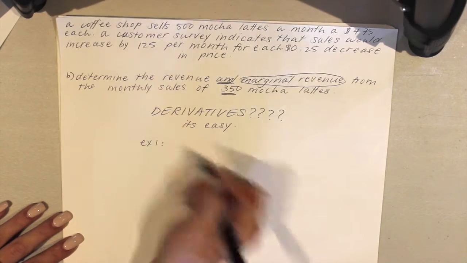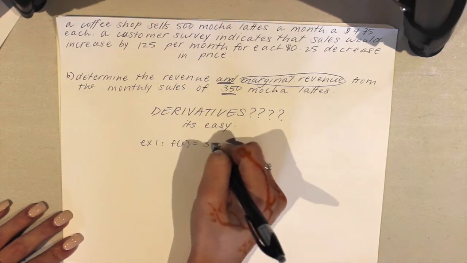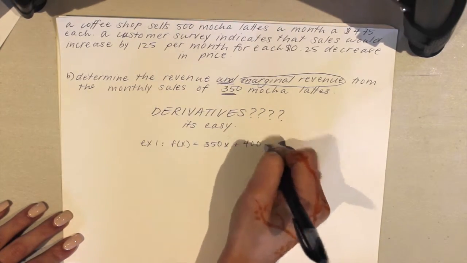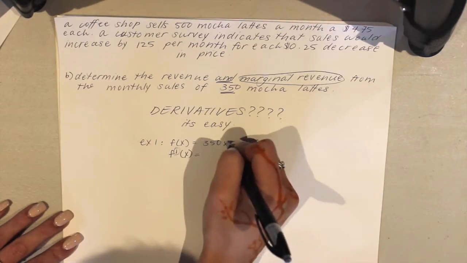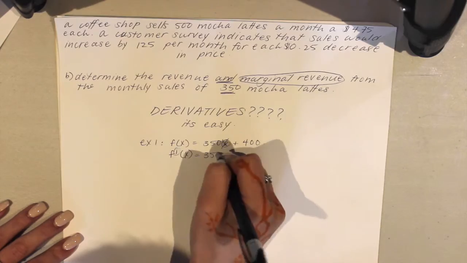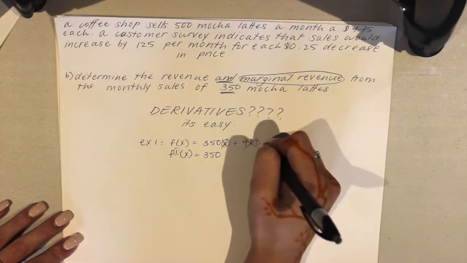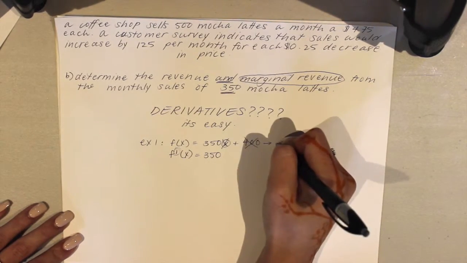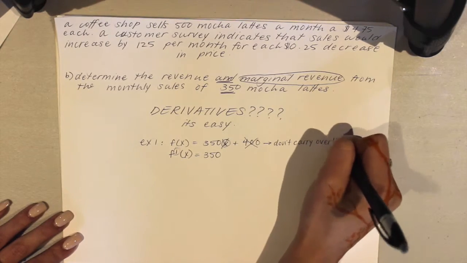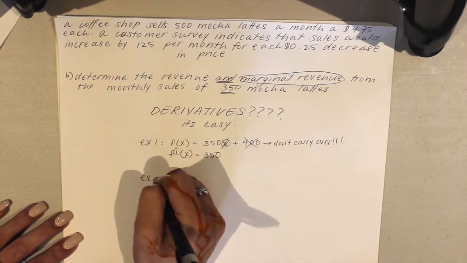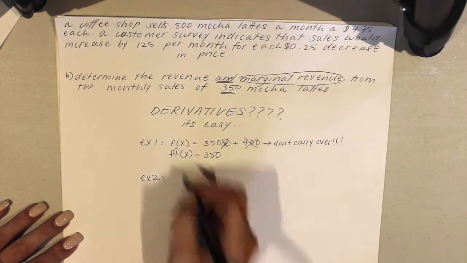It's easy. Our first example here shows that f of x equals 350x plus 400. So what you do here is you put that little tick to signify that it's the derivative. You take away any constants because they are not carried through in derivatives, and you take away also your x. So that derivative would just be 350.